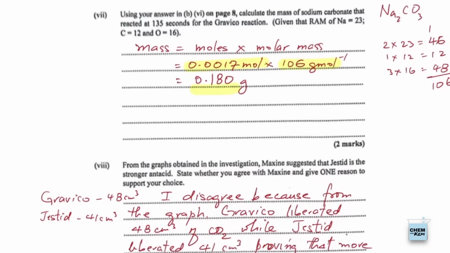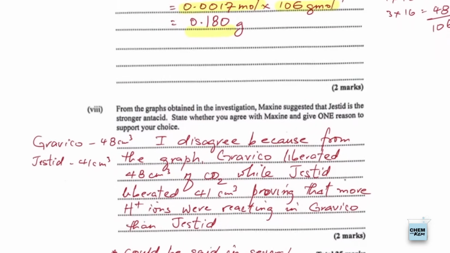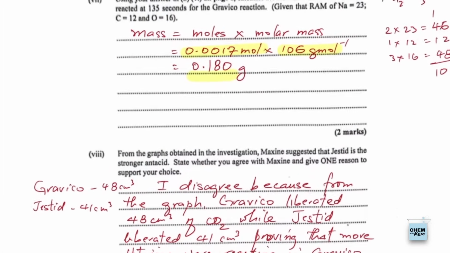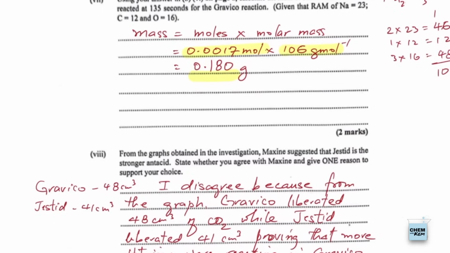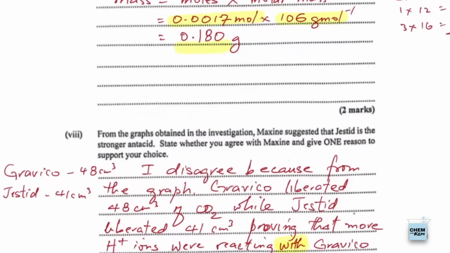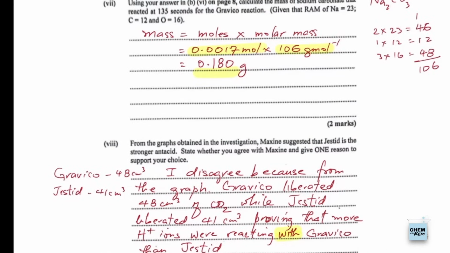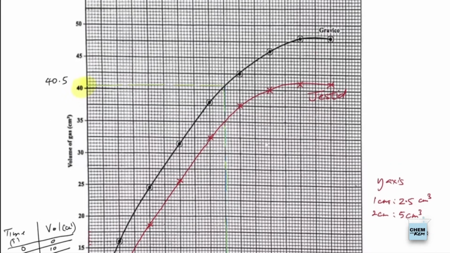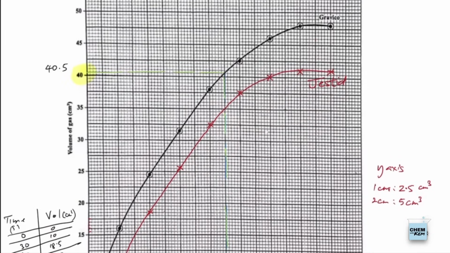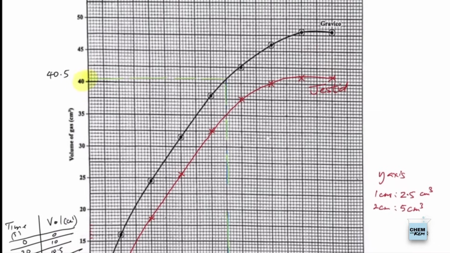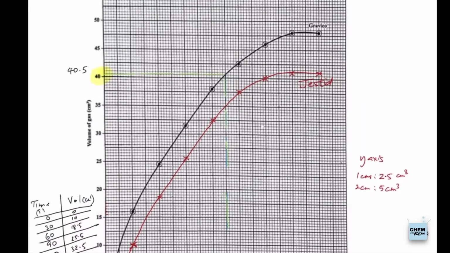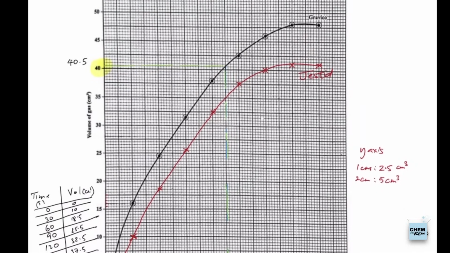So they ask us now, from the graphs obtained in the investigation, Maxine suggested that Gestid is the stronger antacid, meaning it's the better one. All right, so for this one, we have to look back at the graphs to see what really happened. How much carbon dioxide was produced at the end of the day. For Gravico, we have 48 cm cubed of CO2 that was produced, and for Gestid we had 41.